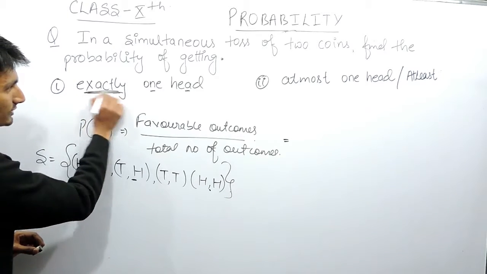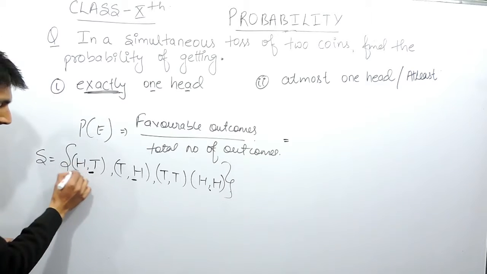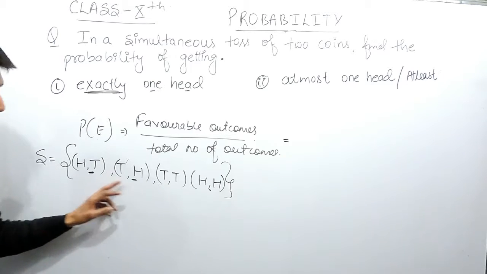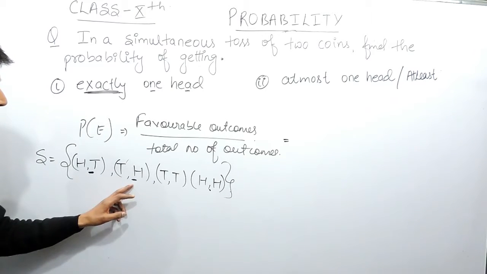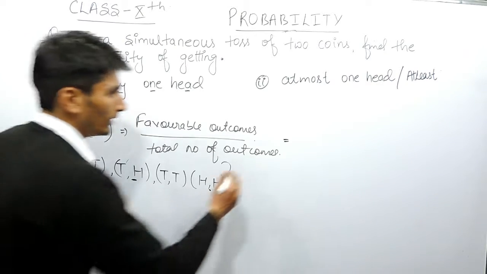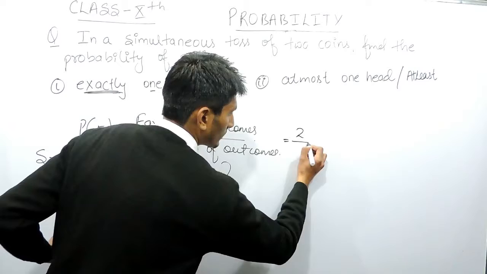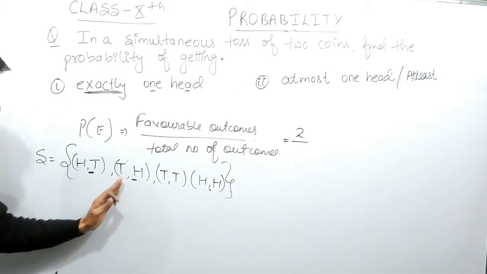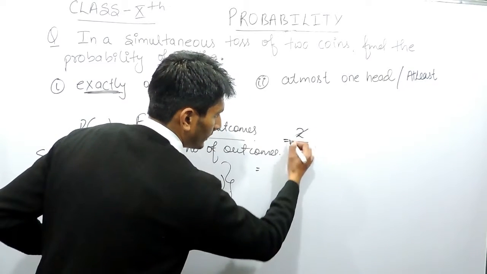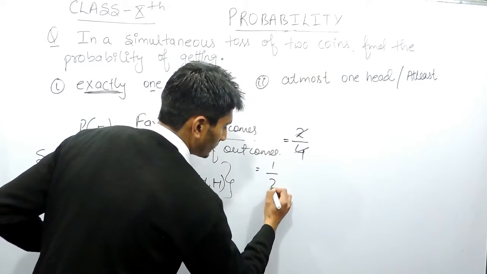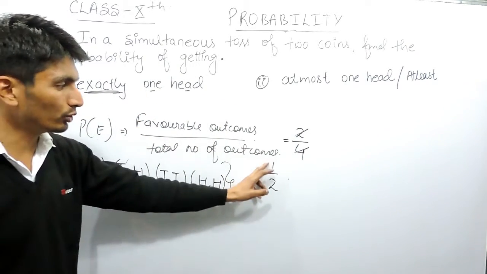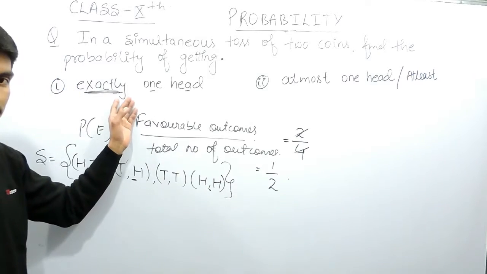When we say exactly, we must have only one head in that favorable outcome. So there are two favorable outcomes here where exactly one head is present. The favorable outcomes are 2 and the total number of outcomes are 4. If I cancel this, the probability of exactly one head will be equal to 1 by 2 for the first case.